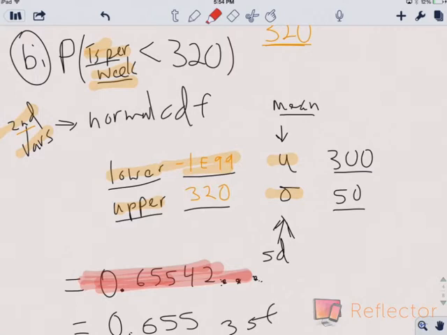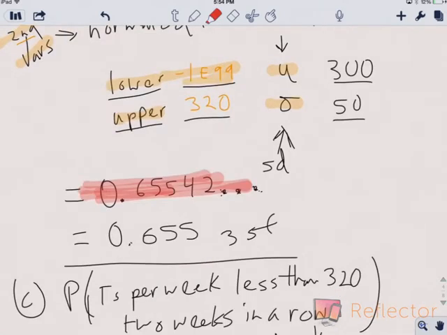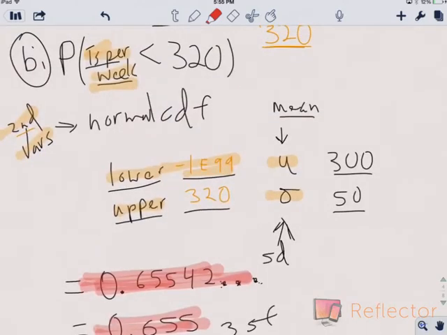You do not have to put it to 3 significant figures if you show the dots. If you're in the habit of it, then you can put 0.655, and that will be acceptable also. 0.66 is not acceptable, because that's only 2 significant figures. So that is the answer to B1.